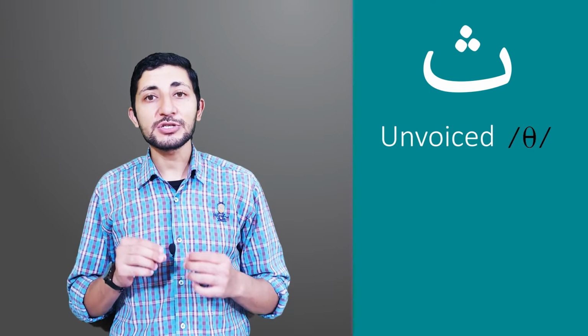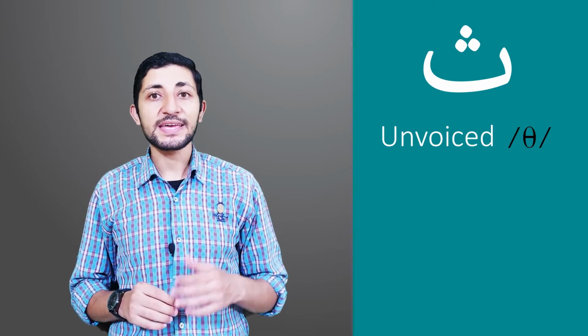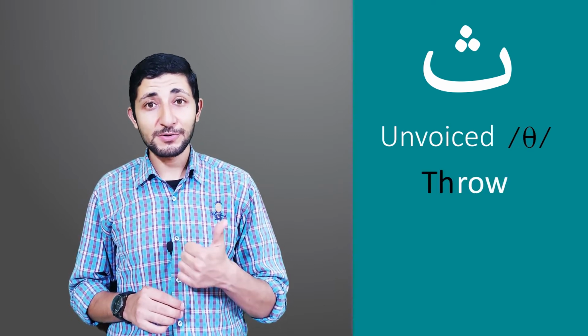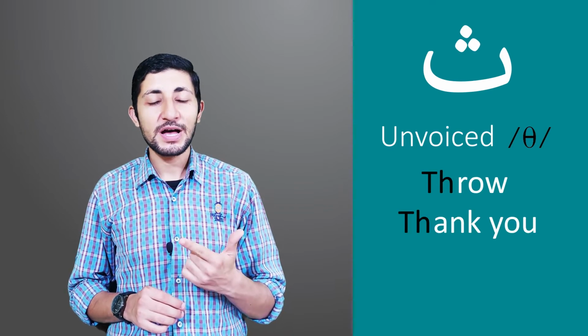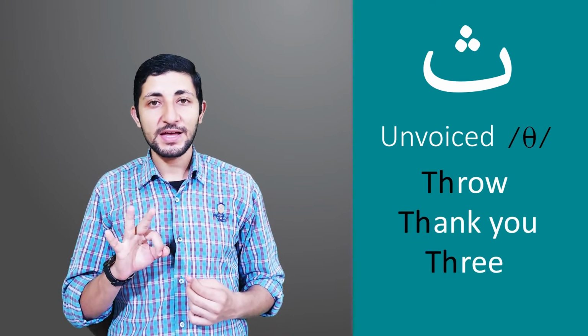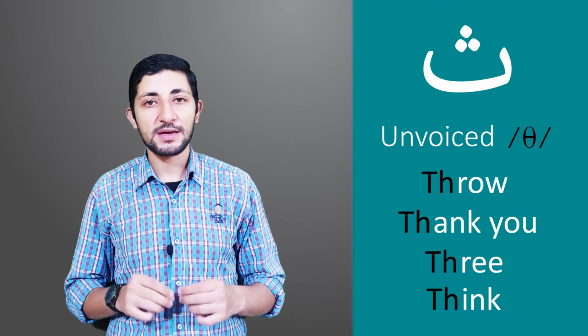Letters the and the. Both of them are equivalent to the English sound th. The first one represents the unvoiced English th sound, like in these examples. Throw, thank you, the number 3, and the verb think.